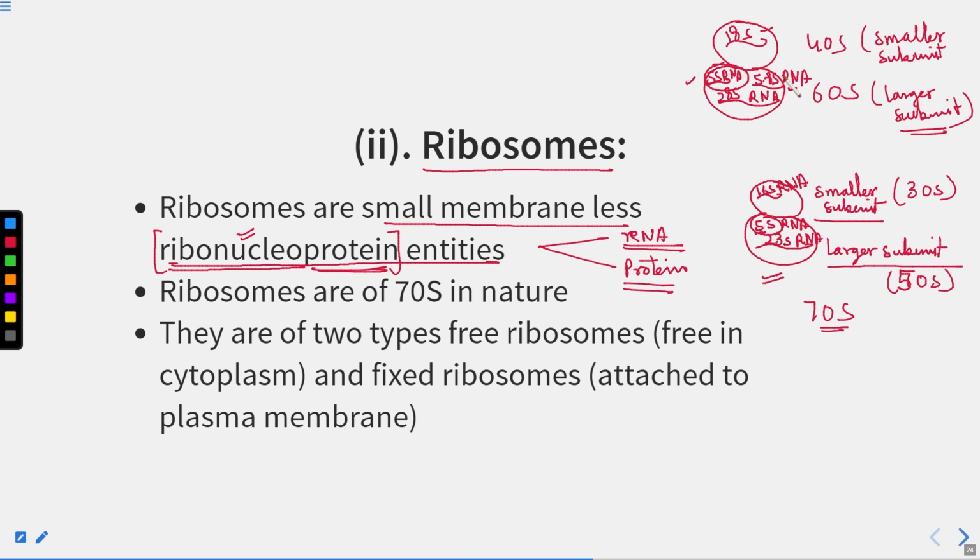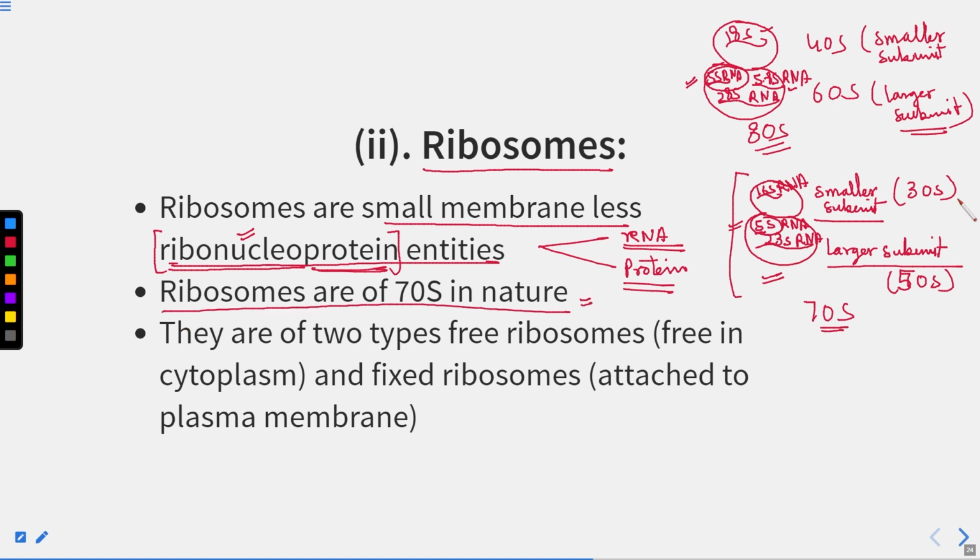The larger subunit of the eukaryotic has three different types: 5S, 5.8S and 28S. The larger subunit of the prokaryotic has 5S and 23S, right? This 5S is the only thing common in the two types of ribosome, the 70S and 80S types. So here the ribosomes are of 70S in nature.